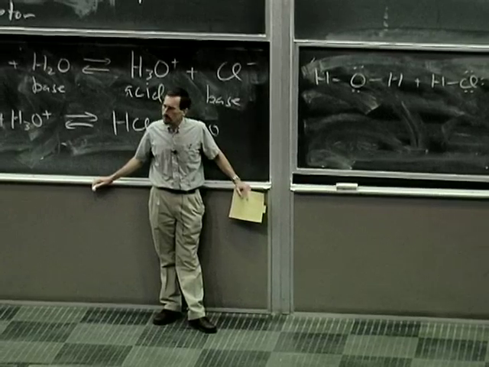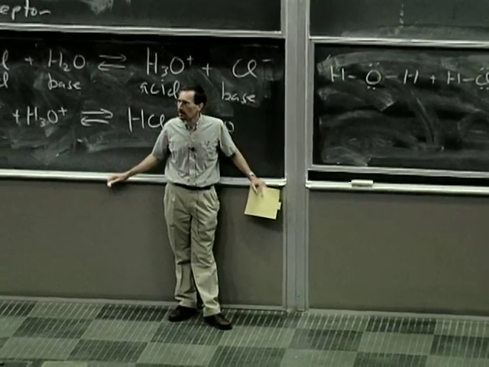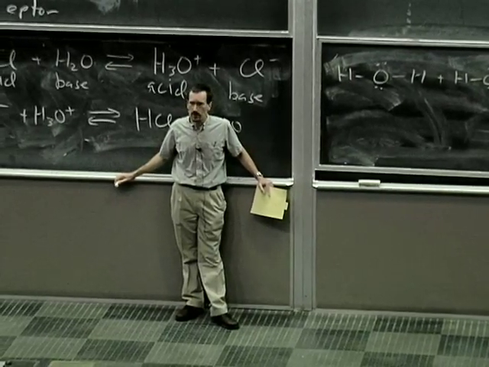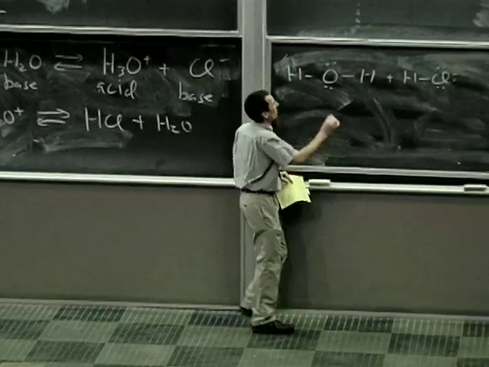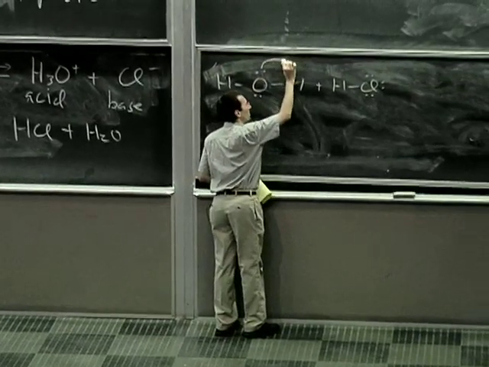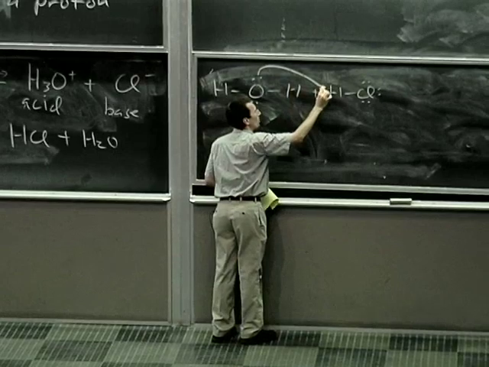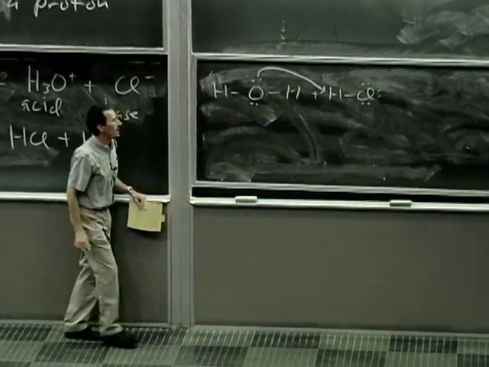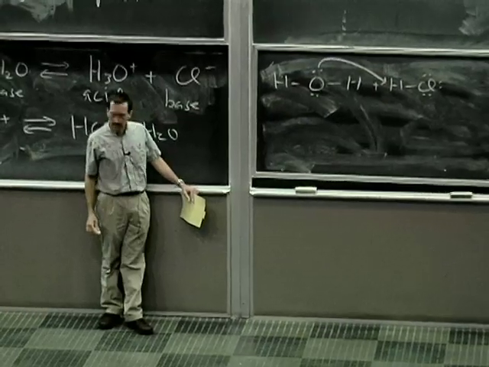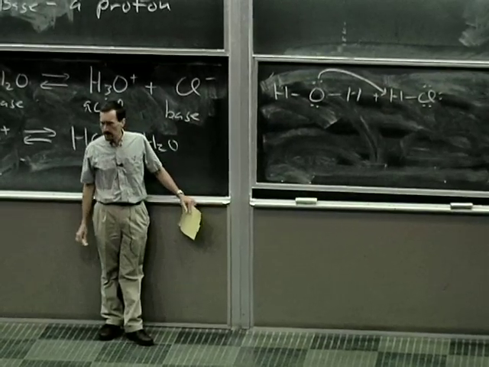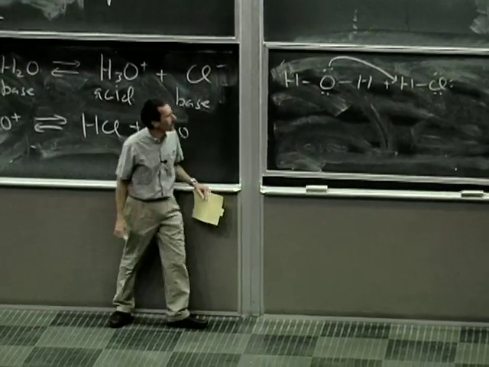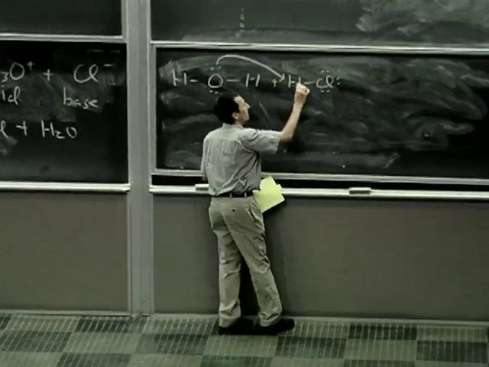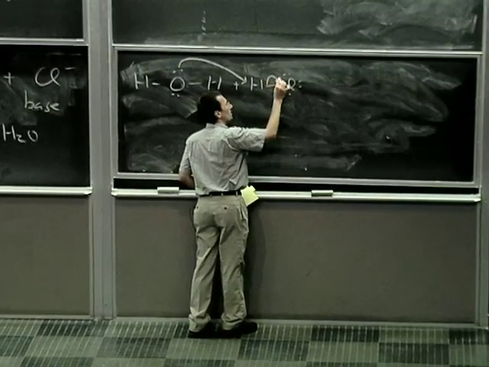The water takes the proton off of hydrogen chloride. Electrons flow from the lone pair of electrons on water to the proton, to the Bronsted acid. We can't have 4 electrons around that hydrogen, so electrons get pushed back onto chlorine.